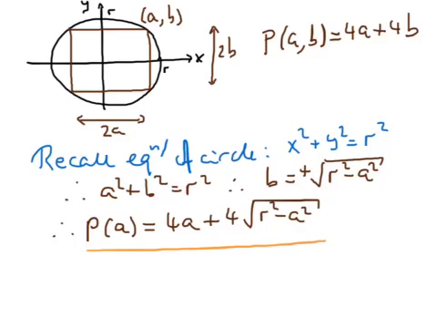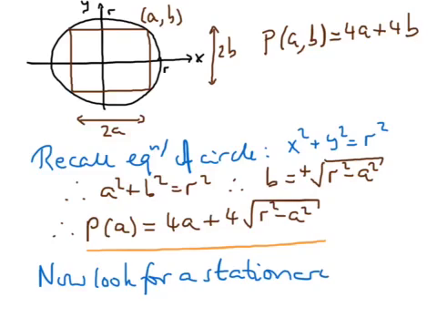Having written the perimeter as a function of one variable, we want to maximize it. So that means that we want to differentiate this with respect to a and look for a stationary point.